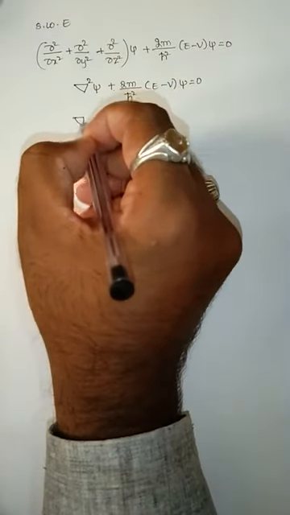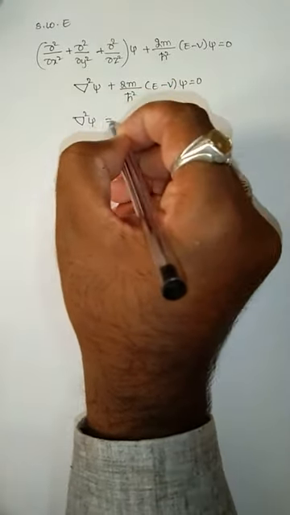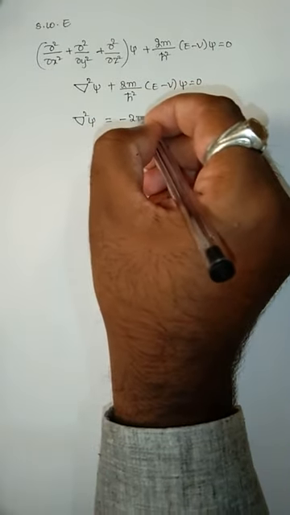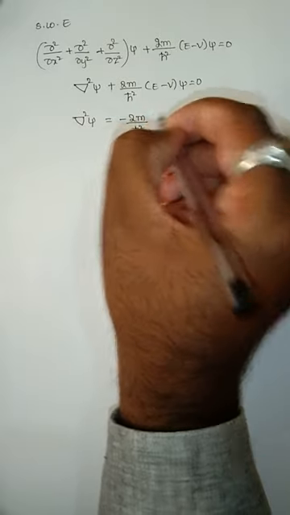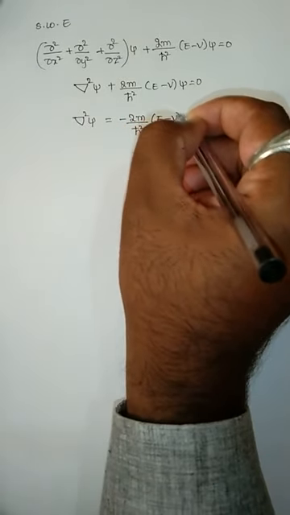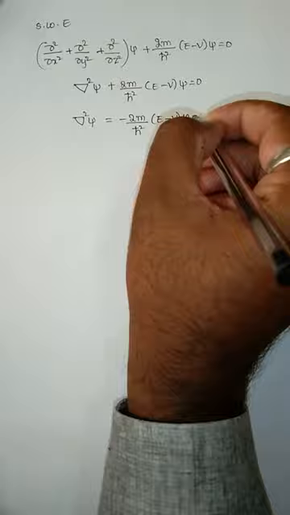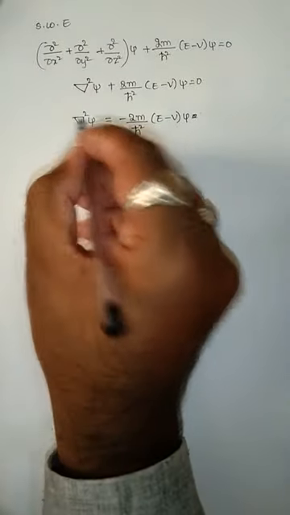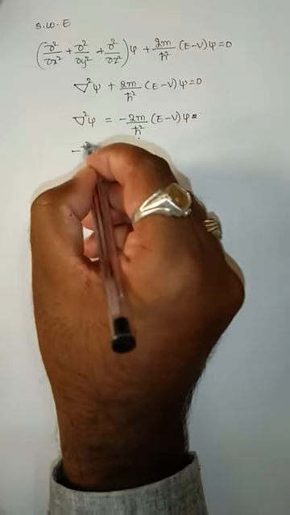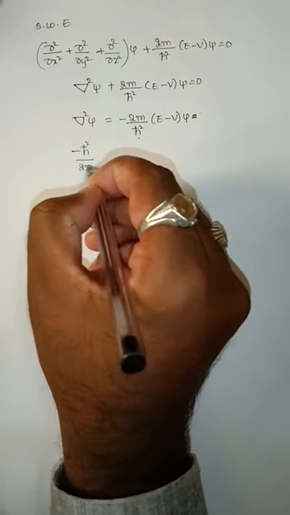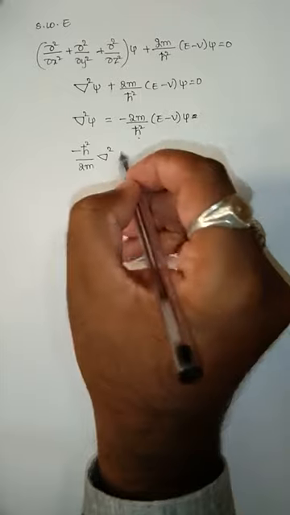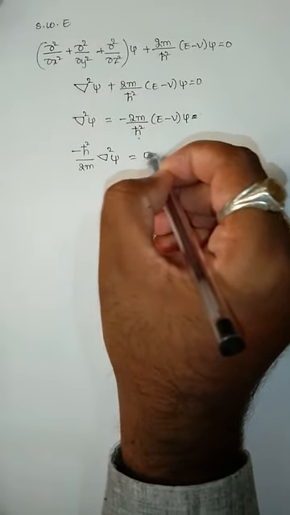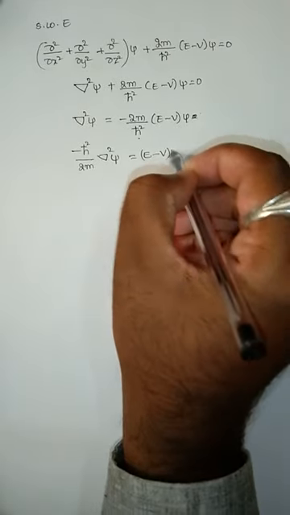Let us do some simple manipulations. ∇²ψ, let us shift this to the right hand side, it will become −(2m/ħ²)(E − V)ψ. Now we shall do the cross multiplication. ħ² by 2m will come to the left hand side: (ħ²/2m)∇²ψ = (V − E)ψ.